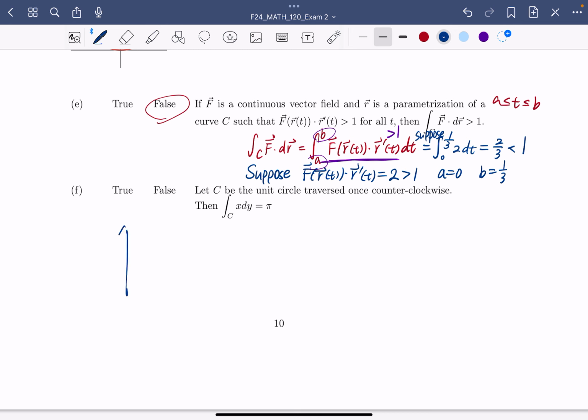So let's draw the picture for our unit circle. And we have a perfect parameterization for this unit circle, which is (cosine t, sine t), and t goes from 0 to 2 pi.